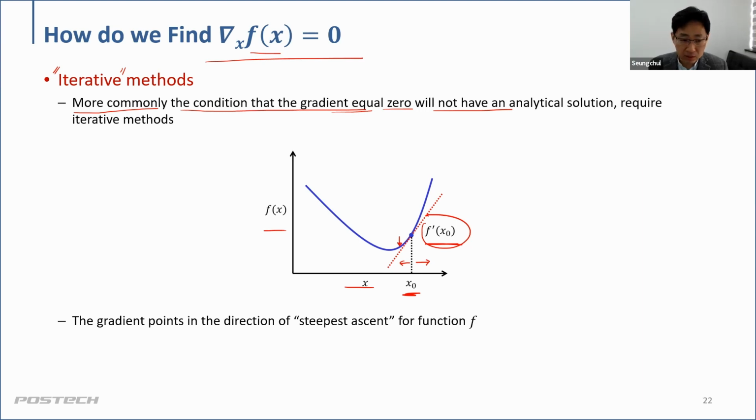So the gradient points in the direction of steepest ascent, showing how steep it is. That's the physical or geometric meaning of the gradient or derivative. I want to utilize that information to compute the optimal solution in an iterative way.